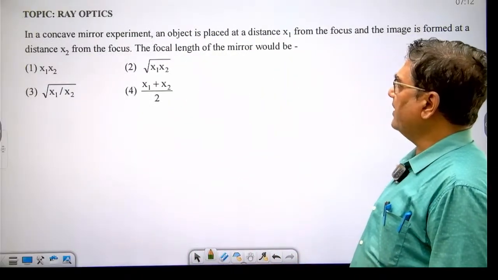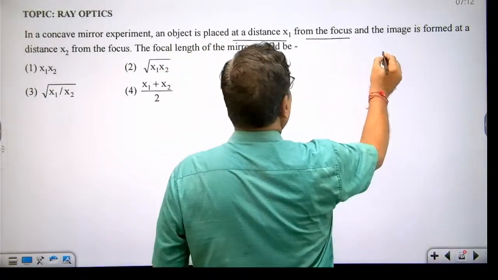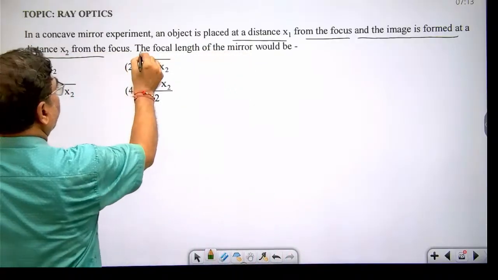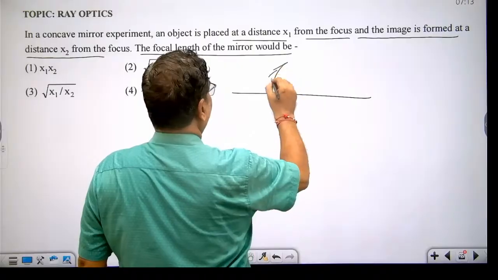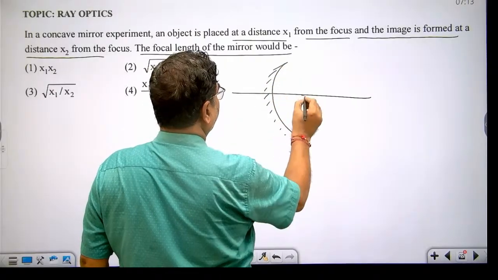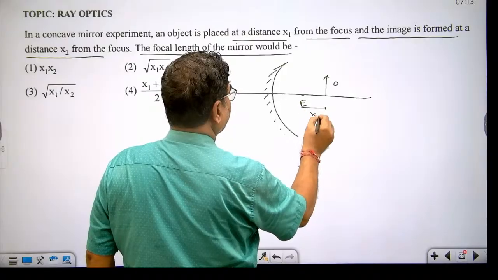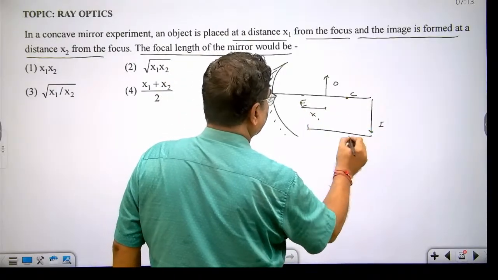In a concave mirror experiment, an object is placed at a distance x1 from the focus and the image is formed at a distance x2 from the focus. What is the focal length of the mirror? This is Newton's formula, where the reference point is the focus, okay? Here the object is placed at a distance x1 and the image is getting formed at a distance x2.